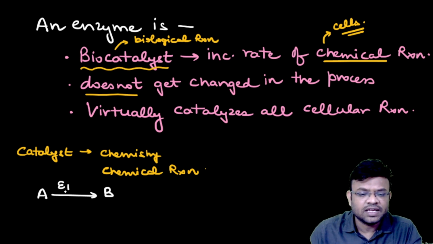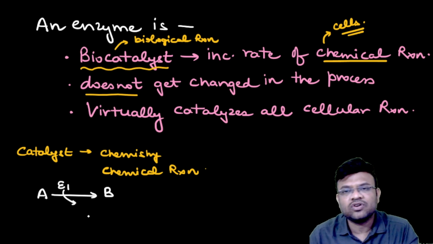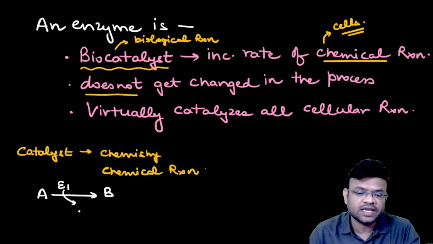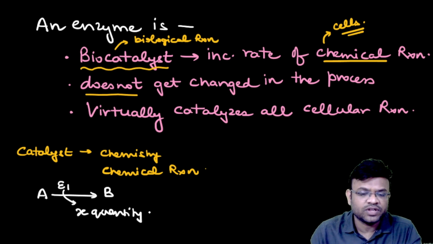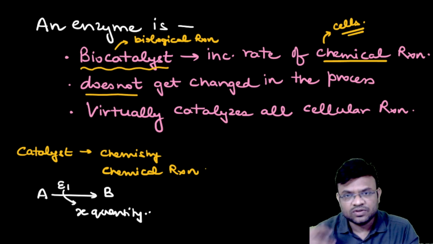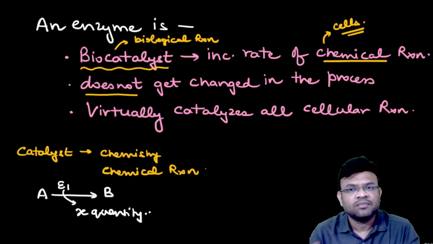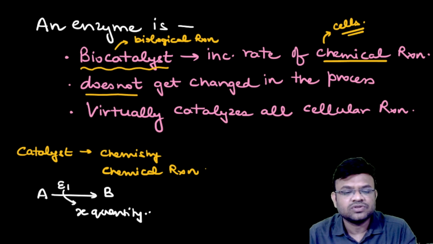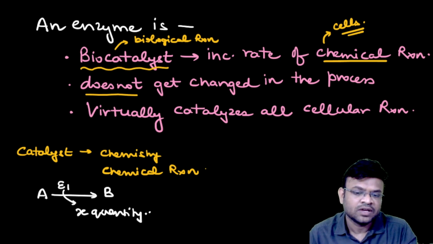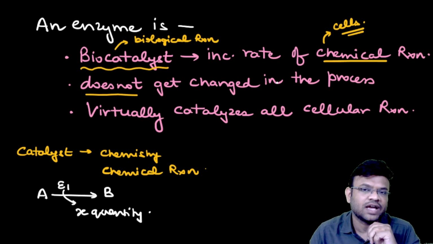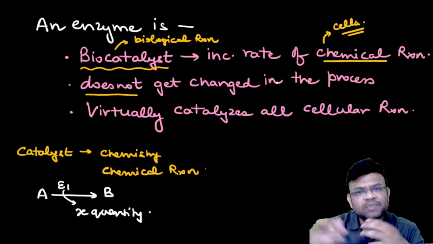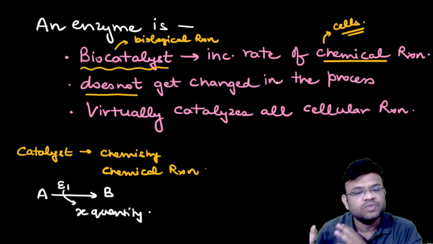Let us say X quantity of E1 enzyme you started using in this reaction, but at the end of the reaction also you would get the same quantity of the enzyme. No amount of the enzyme will be used up in a reaction. You would get the entire quantity back at the end, because yes, the enzyme will be taking part, but it will not be consumed in a reaction.